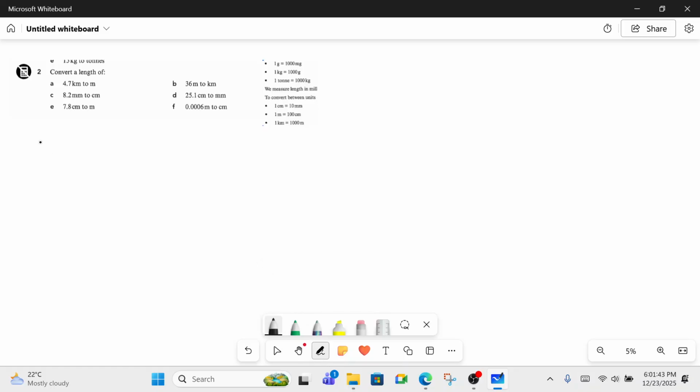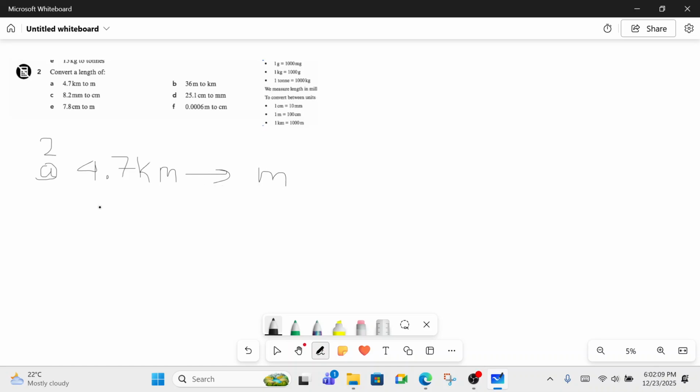Okay, so 2A asks us to convert 4.7 kilometers into meters.